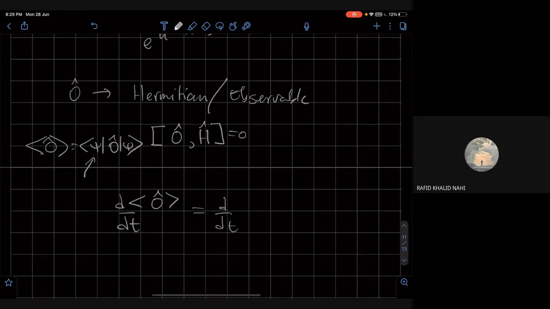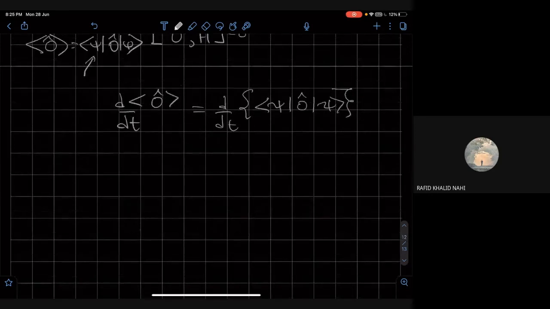As was said, Leibniz Rule. We are assuming that O does not depend on time. So how many terms will Leibniz Rule give us? Three. Yes, but one of them will not be there because O is time independent.